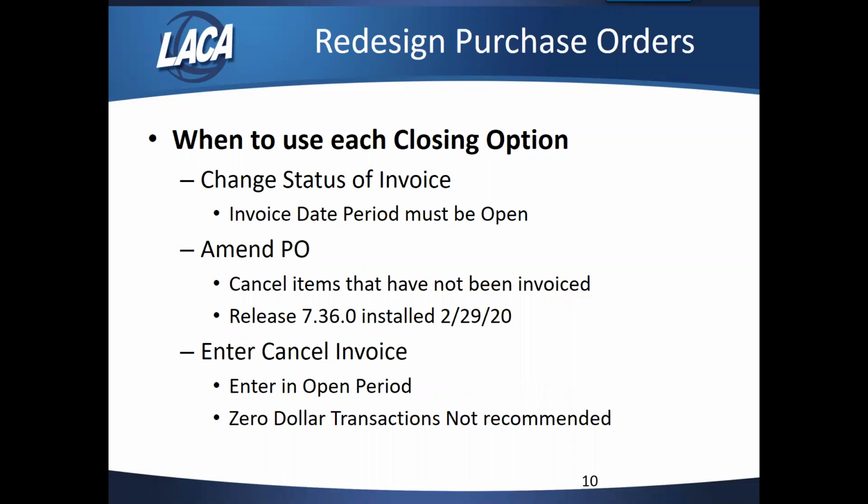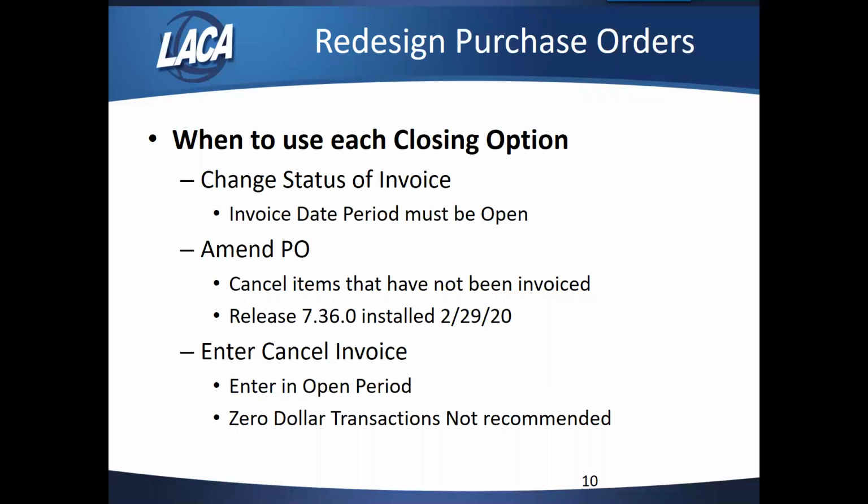And we did install a release on February 29th that allowed you to now amend to cancel an item with an issue date in an open period, or cancel a line item in an open period even though the PO date is in a closed period. So for those of you, Southwest Looking, who was live before February 29th, this may be a new feature for you.